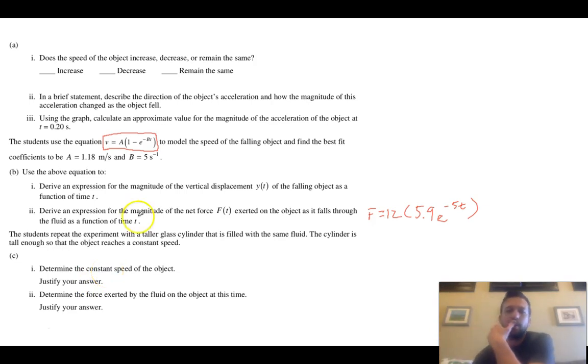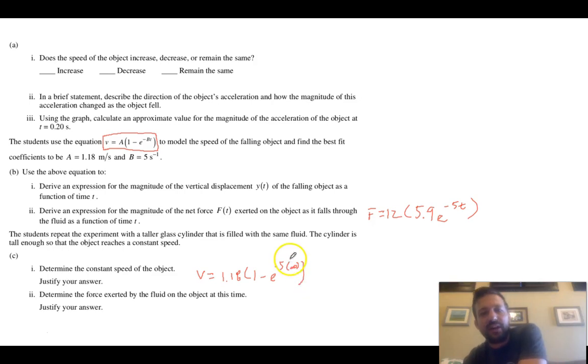So what I'm thinking about doing, which would just make this easy, is counting t as infinity. If we say time is infinity, then we can get our formula 1.18, 1 minus e to the negative 5 times infinity. Like, it's supposed to be a really large number. If you use the calculator and put in just a large number, you're going to get a close answer.